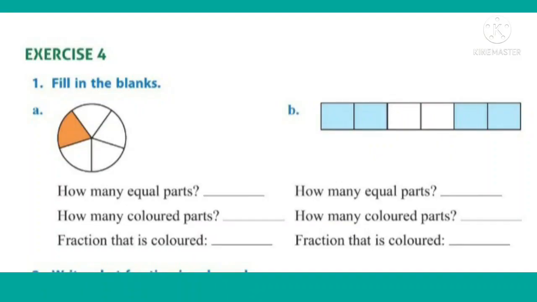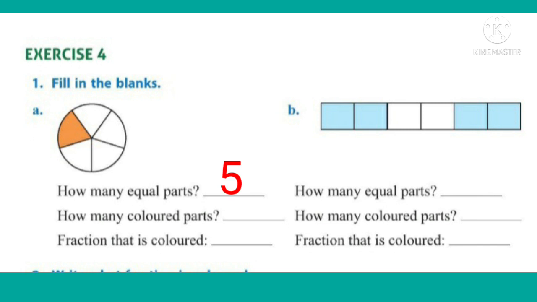Yes. So let's start. Children, this is exercise number 4 on page number 18. The first question is fill in the blanks. See the first question. There are 5 equal parts. The whole is divided into 5 equal parts in which one part is taken, isn't it? How many equal parts are there?